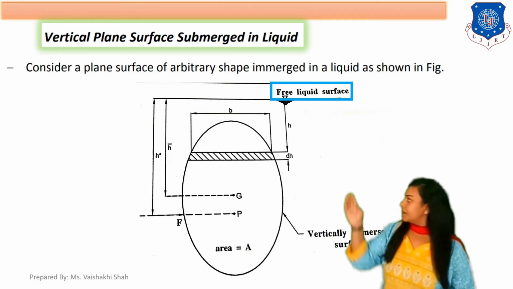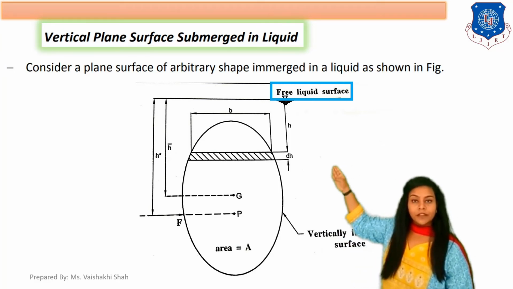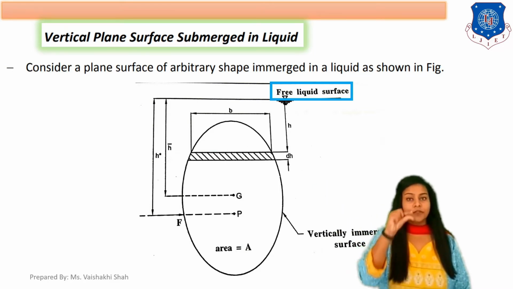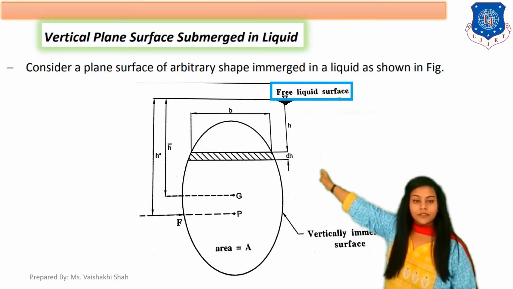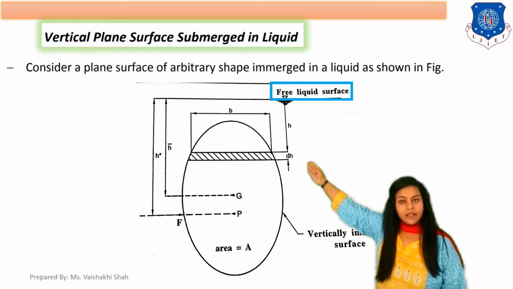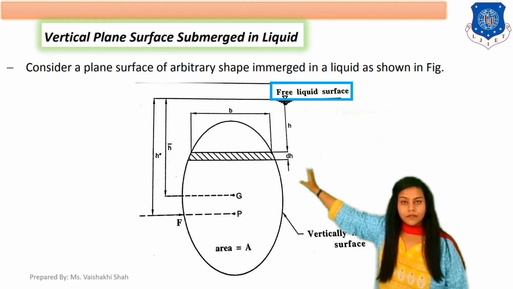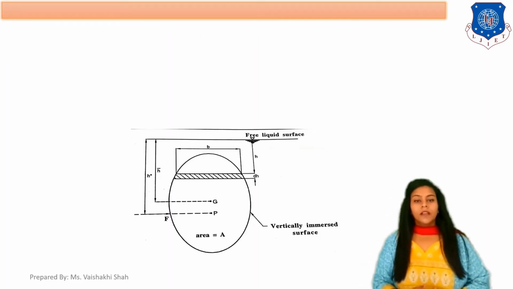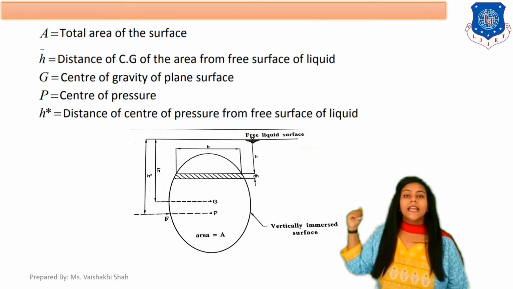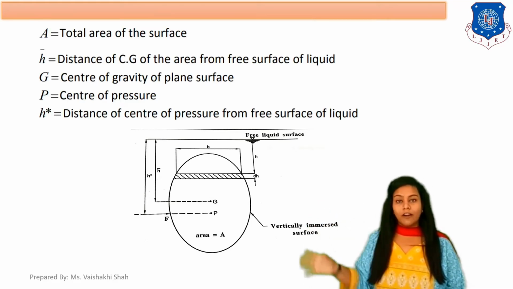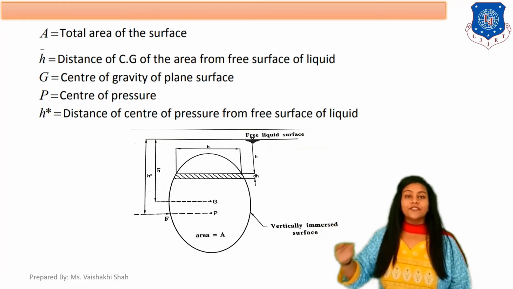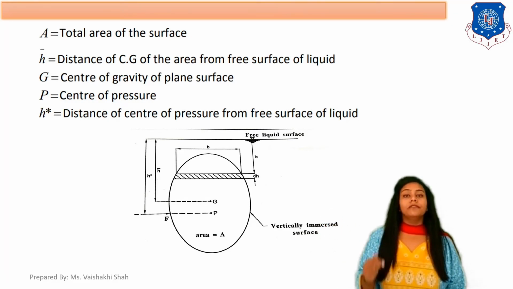Width of the strip is b, and depth of single strip is dh. Clear? Any doubts? Let's start. Again, this is diagram of your immersed body, where capital A is area of the total surface. H bar, distance of CG.